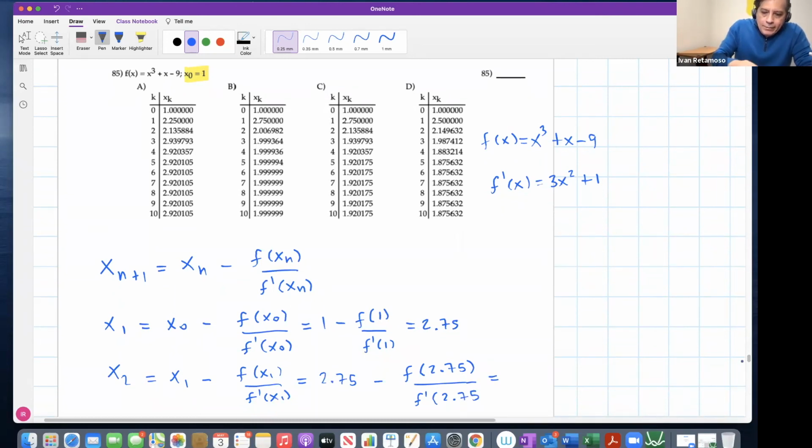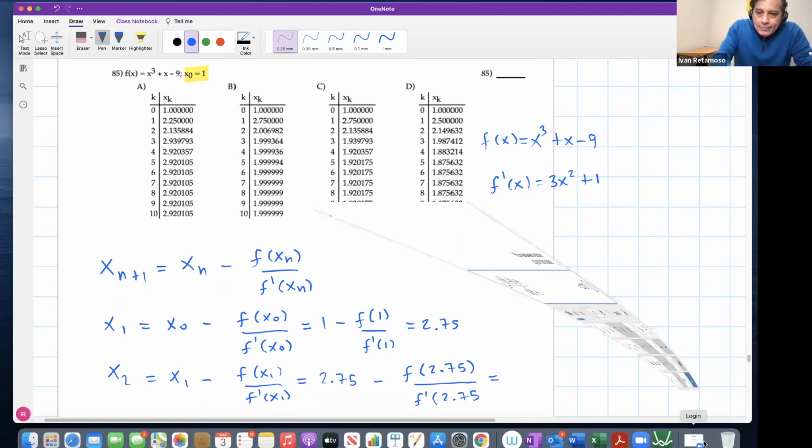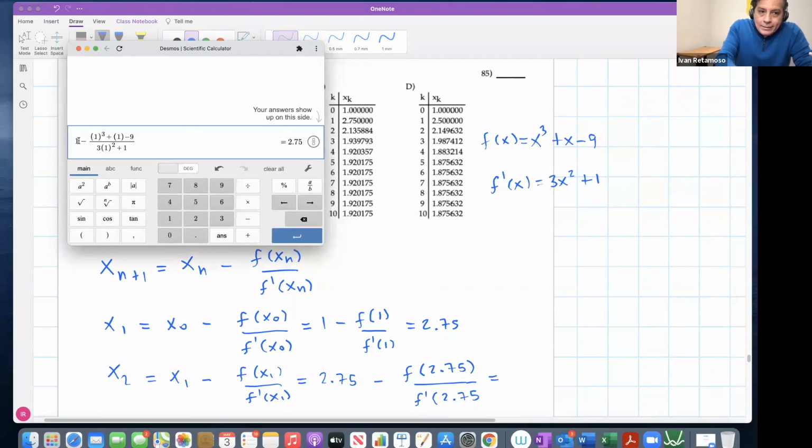Well, if you go back to Desmos, for a reason we held it this way. Just where you see 1, write instead the new input value 2.75 for the new iteration. So here 2.75. You can copy and paste, or type 2.75 right there. 2.75 cubed, within parentheses, so we can do the next if needed.